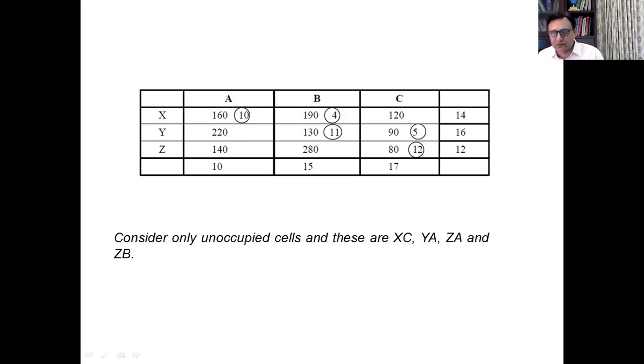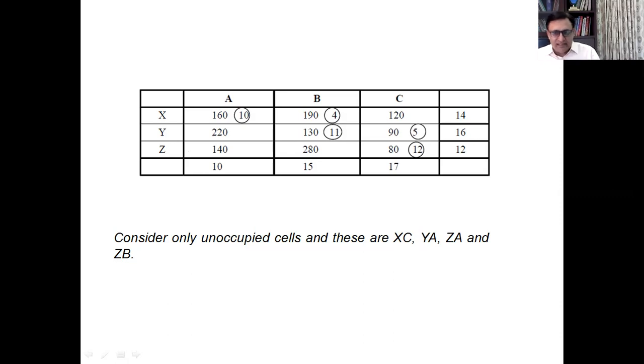The unoccupied cells are XC, which is the first, YA, which is the second, ZA, which is the third, and ZB, which is the fourth. So four unoccupied cells are there.